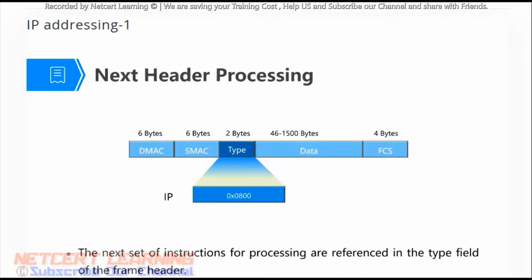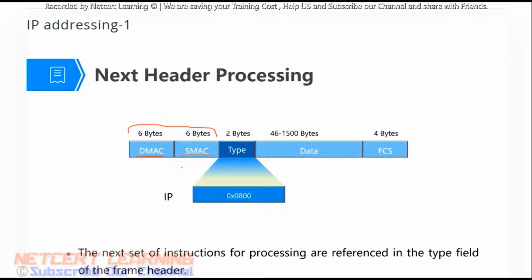First, this is the Ethernet frame, the format of the Ethernet frame that we have discussed in the previous chapter. In this Ethernet frame, we can see this format is Ether2. The first two fields are the destination MAC address and the source MAC address. The MAC address is a layer 2 address.